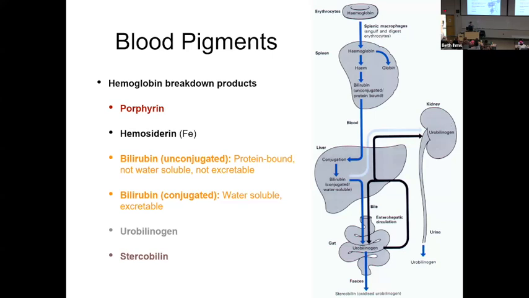So if we think about places we could stop this pathway to build up bilirubin, we could have too much blood breakdown coming in. So there's too much coming into the liver and the liver can't handle it. We have liver disease and the liver is unable to process the incoming bilirubin. Or we have normal amounts, we've processed it okay, but we have some kind of obstruction in usually our biliary tract, so like gallstones could cause this, and we can't get rid of it, so it's building up.